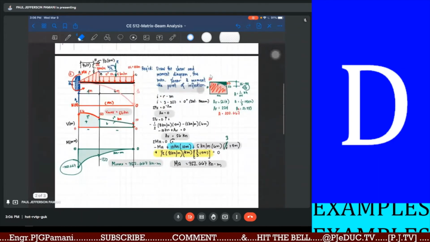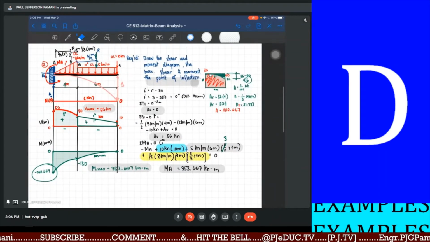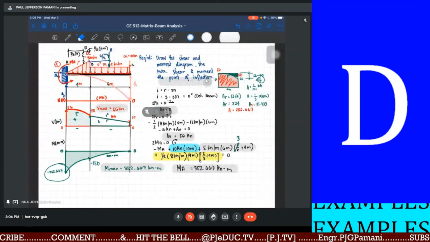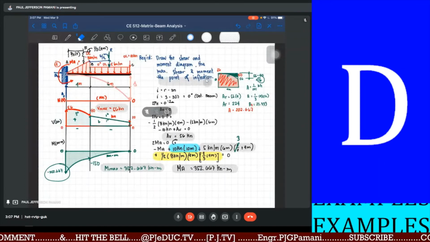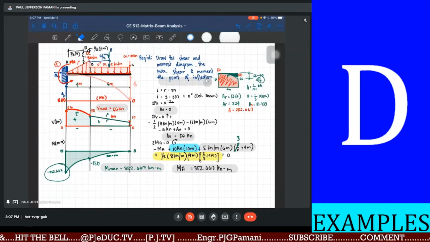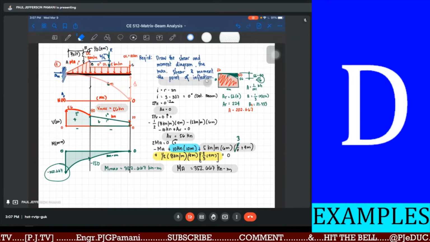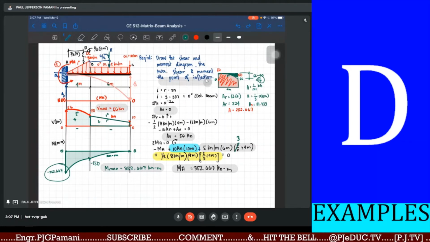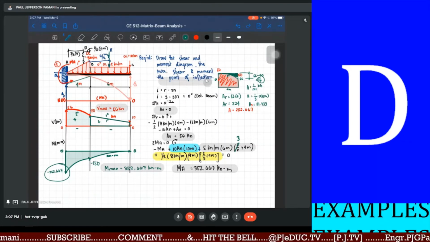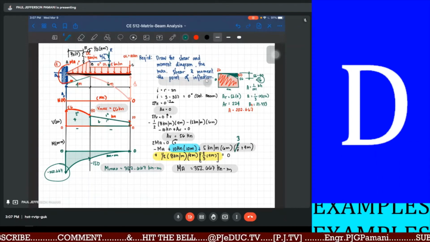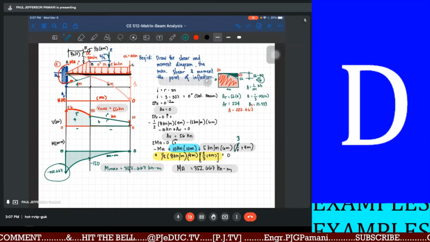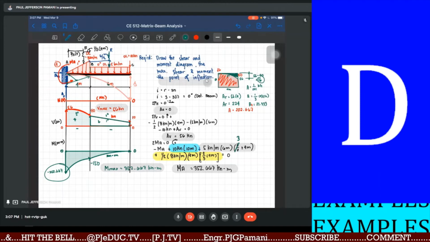Kung reinforced concrete. Pero kung steel, you need to reinforce an anchorage dun sa ilalim. Lalagyan natin dyan ng frame. Dadagdagan natin dito to exert or reduce the effect of strain to our fixed support.